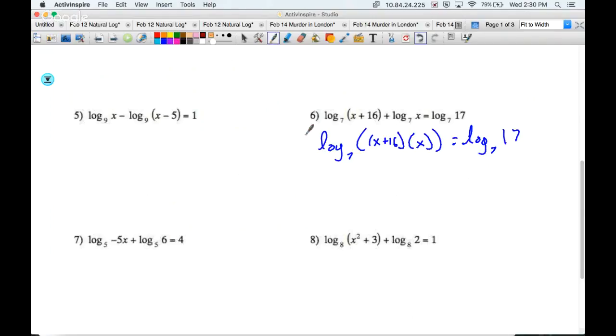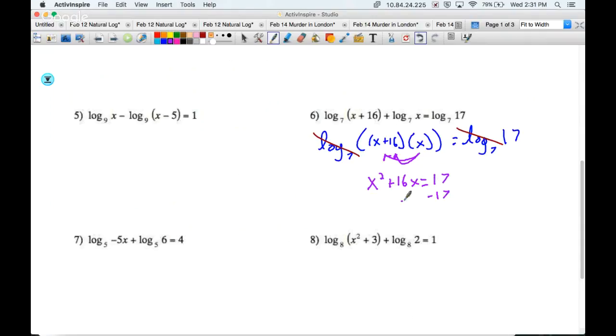We could do 7 to the power of each side, and that would cause these to cancel. But I think it's pretty obvious. If it's the exact same on both sides, then these arguments must be equal for this whole thing to be equal. At the same time, I'm going to distribute that x to the x plus 16, and I'm going to get x squared plus 16x equals 17.